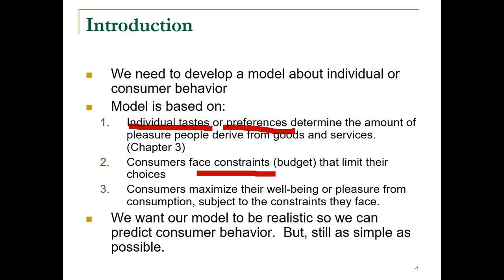Again, the last thing that is going to help us build this model is consumer utility maximization. The assumption is that consumers want to maximize the utility that they derive from the consumption of various goods, but of course this maximization of utility is constrained by the budget that they face. We don't have enough money to buy, let's say, a Benz that we want.